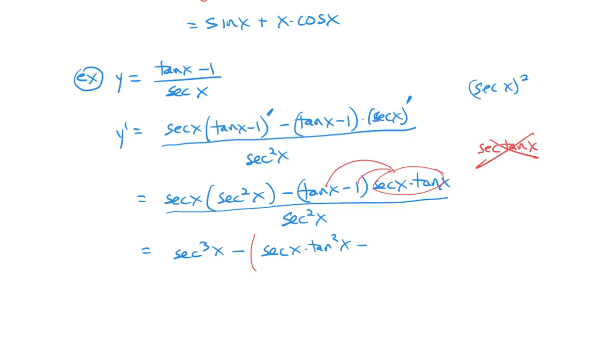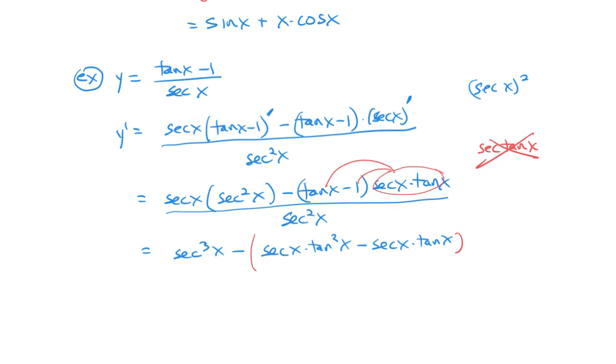And then minus secant x tangent x. I'll put the red there. Right, so this is from secant tangent times tangent, which is secant x tangent squared x. And then we have secant x tangent x times 1, which gives us this.